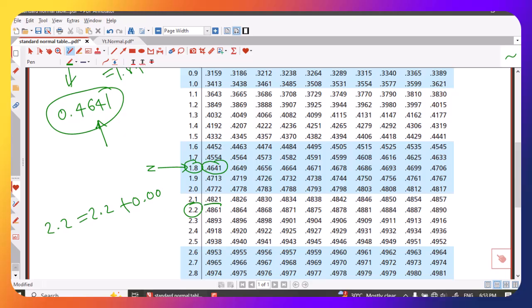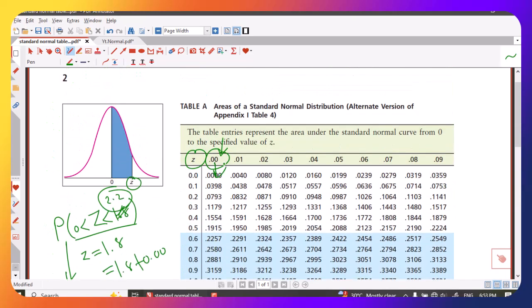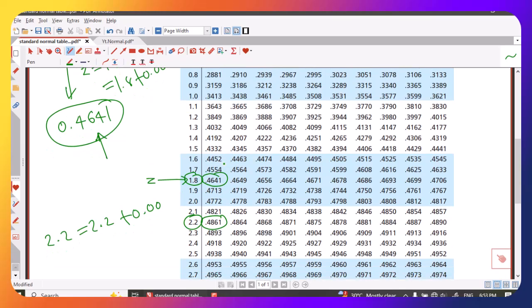That means we have to search in the column below 0.00 and the row corresponding to 2.2. So we have this value, 0.4861, which is the probability that Z lies between 0 and 2.2.